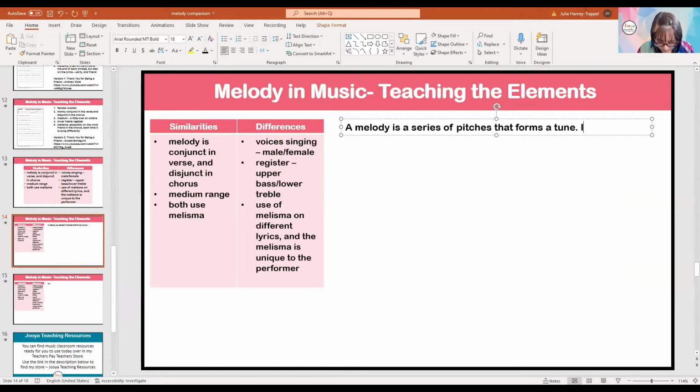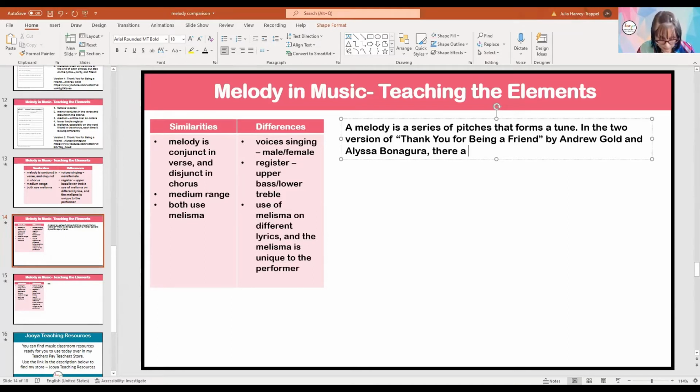In the two versions of Thank You for Being a Friend by Andrew Gold and Alyssa Banagura, there are a few similarities in the use of melody.